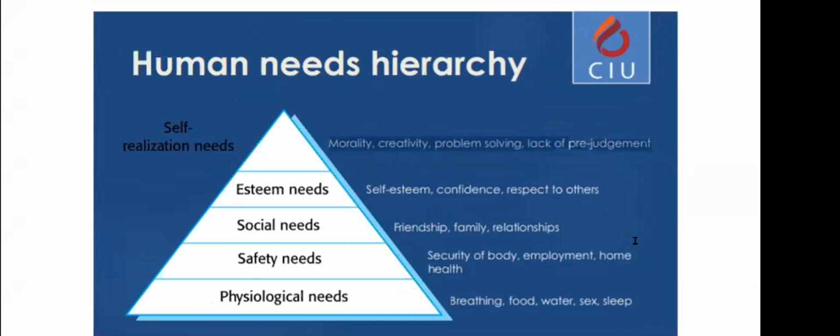So what Maslow says is that you need to support all these needs. Physiological needs: if you do not give people enough money, they can't go and buy food and water, they can't have a shelter to go and sleep, they cannot take care of themselves to be healthy. So that's going to be their priority.